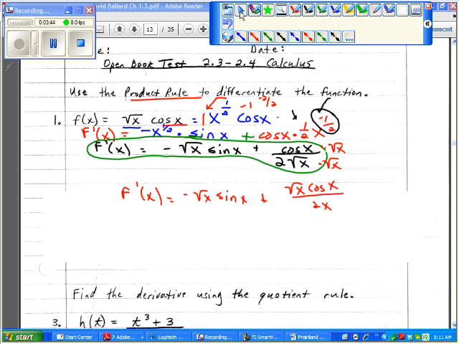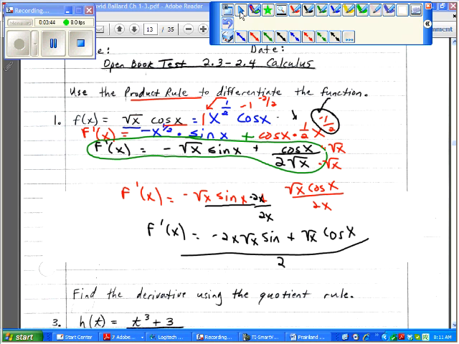And then you might say, well, I'm adding, and so it would be nice to get a common denominator, so I could multiply this by 2x over 2x, and that would give me a common denominator. And I could have f prime of x is equal to negative 2x square root x sine x plus square root of x cosine x all over my common denominator now of 2x, so I rationalized it, and now I've added with a common denominator.